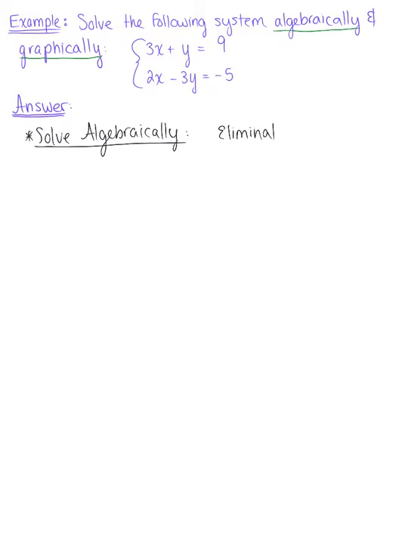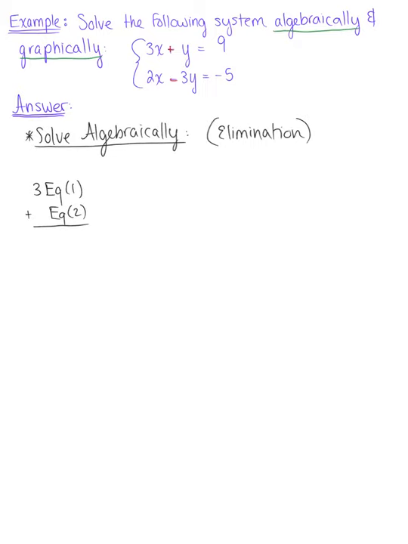With elimination, the reason I'm picking it is I'm looking at my y variables and I see that the first equation has a positive y and the second equation has a negative y. So if we multiply equation 1 by 3 and then add that to equation 2, we'll be able to eliminate the y variables.